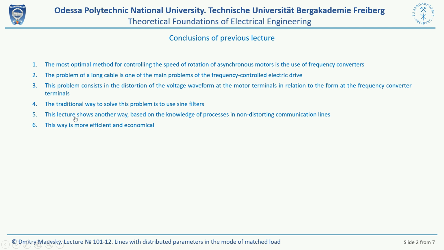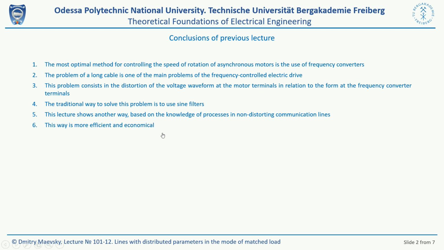The previous lecture shows another way, based on the knowledge of processes in non-distortion communication lines. We proposed to use additional inductors to make the communication line between the frequency converter and the motor a non-distortion line. This method is more efficient and more economical.